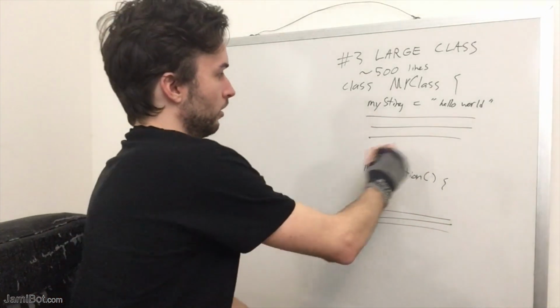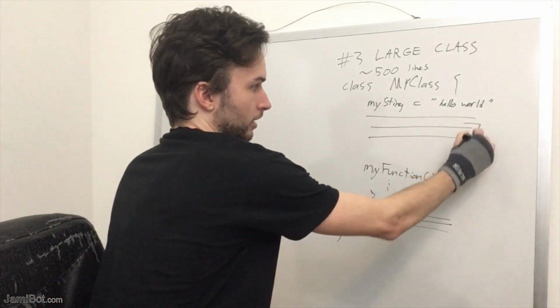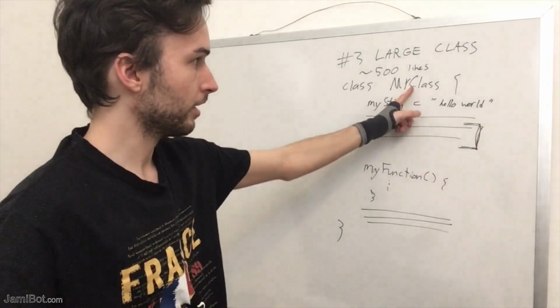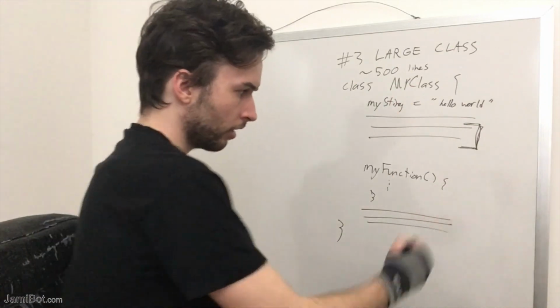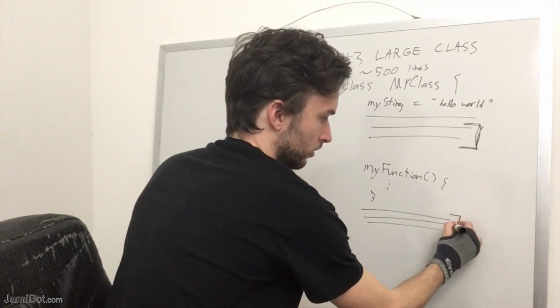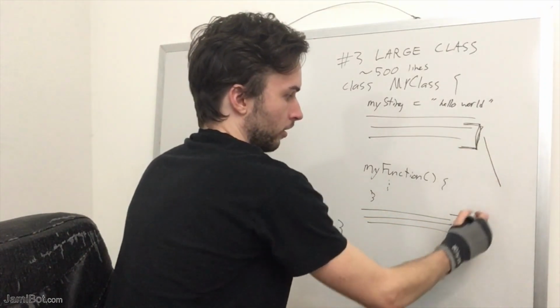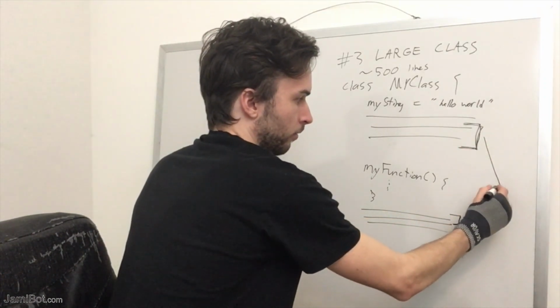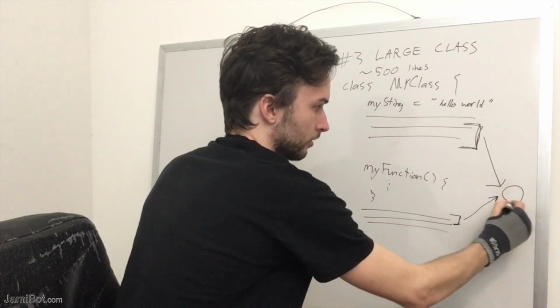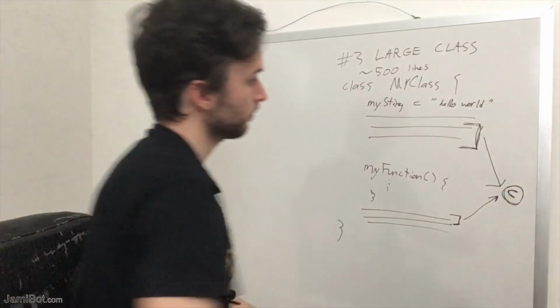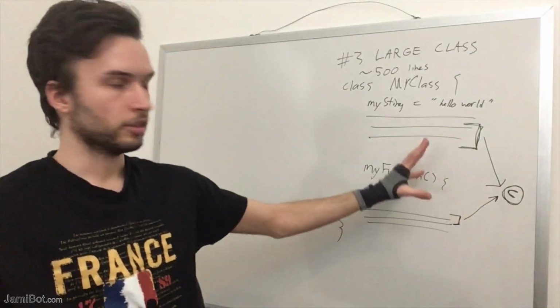So let's say for instance, these two instance variables right here don't really have anything to do with MyClass specifically, and then maybe one of these functions. We just take all those and put them in their own class over here, a class with its own name that describes what they're doing.